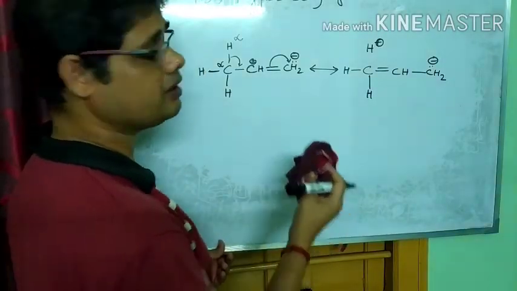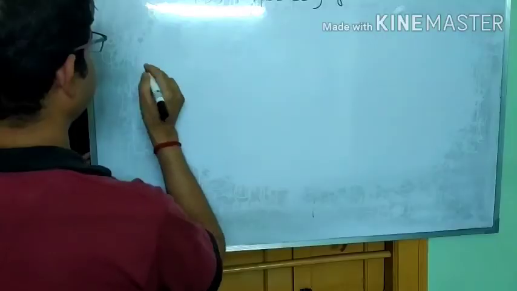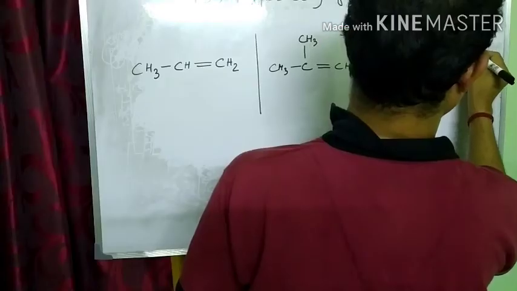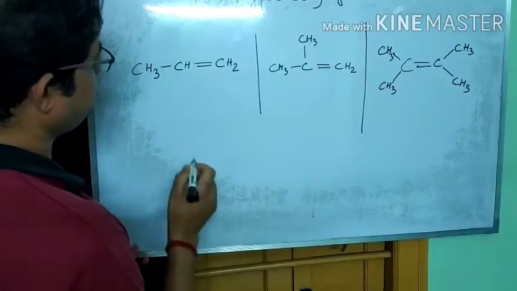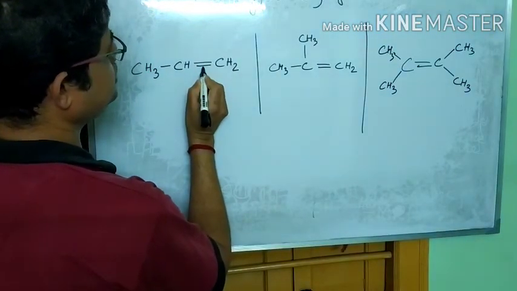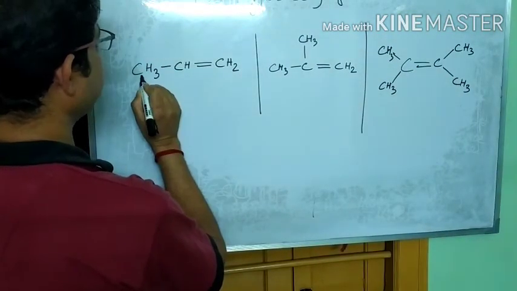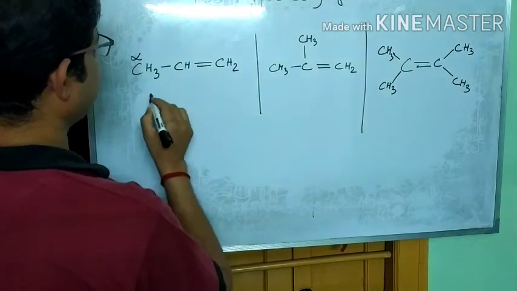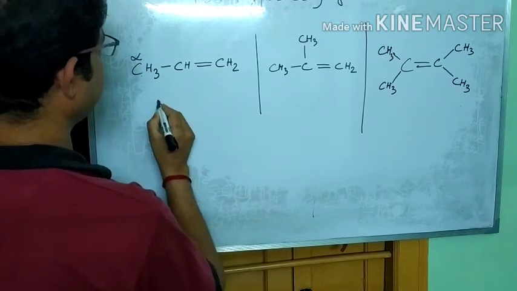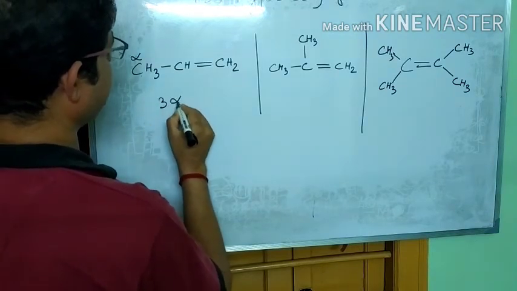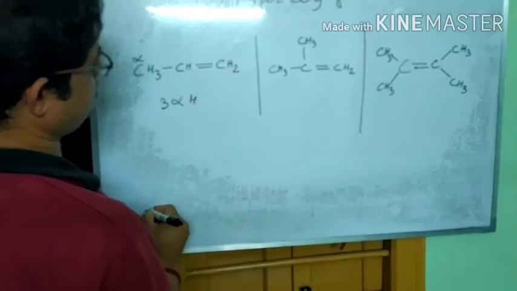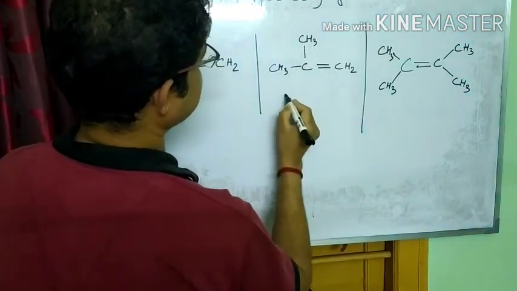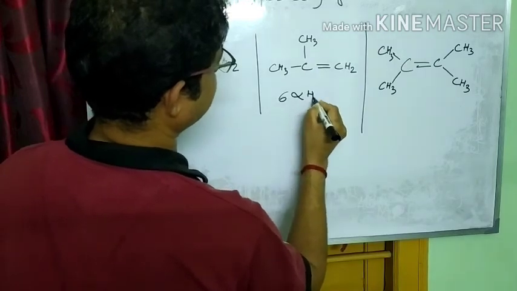Let's see some examples. Here, in respect to this double bond, this carbon is an alpha carbon. So here there are 3 alpha hydrogens. In this compound, there are 3 plus 3, 6 alpha hydrogens.